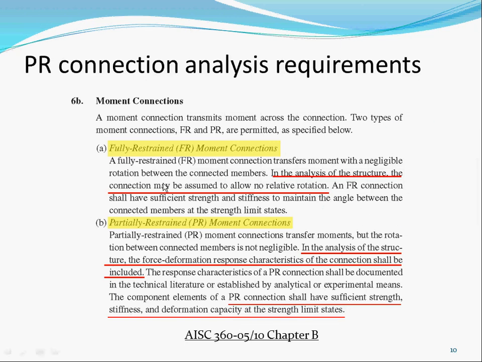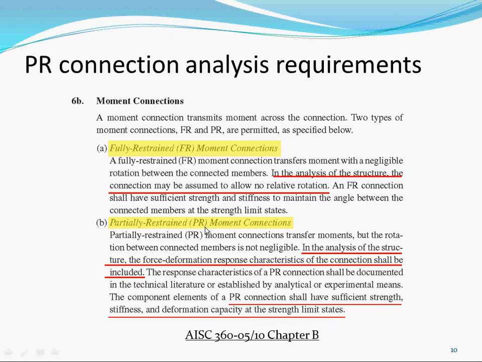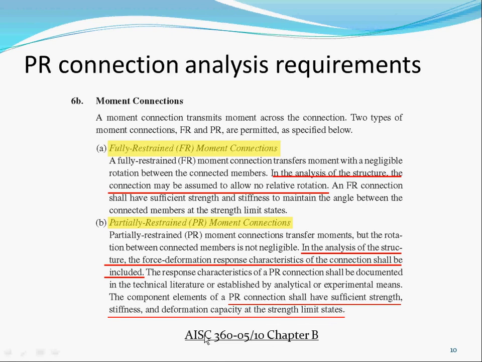Some of the concerns between the PR connection and the FR fully restrained connection, this is directly from AISC 360. In the analysis of the structure, if you have an FR connection, the connection may be assumed to allow no relative rotation. So there's nothing else you need to do.